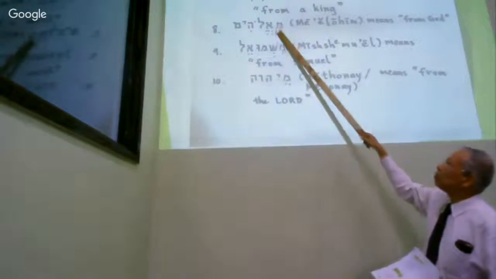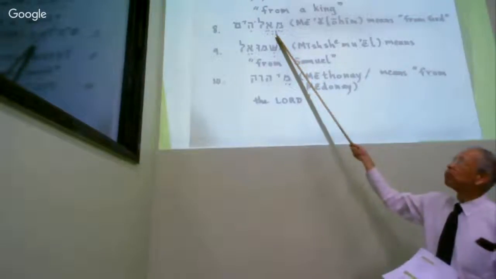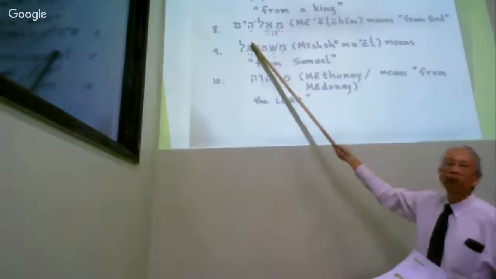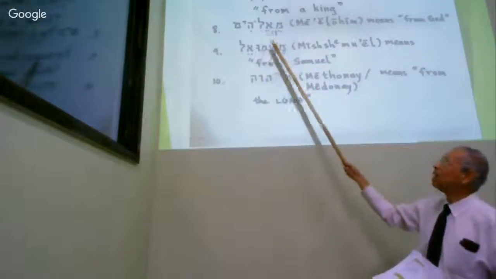And then you have a meteg, which means you pause before you pronounce the noun. So you have me Elohim, meaning from God. Me Elohim.